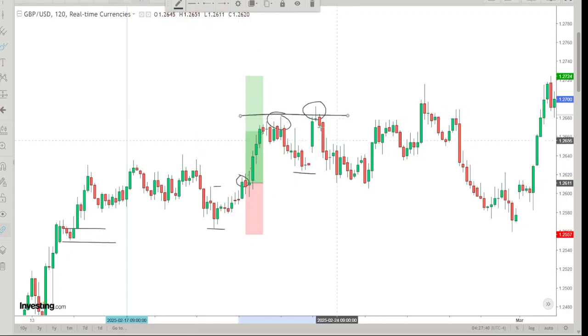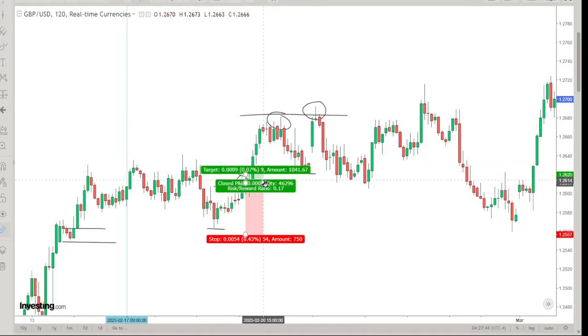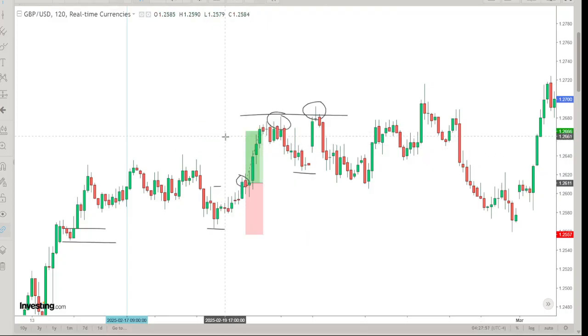That means that this is a double top, and that also means that I most likely, if I had time, would trail my stop to this level here, netting me nothing pretty much from the trade, or if I was so inclined, just have a TP of 1 to 1, it would be hit, right?